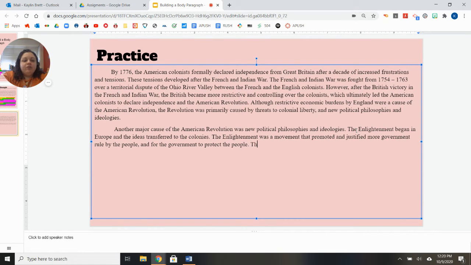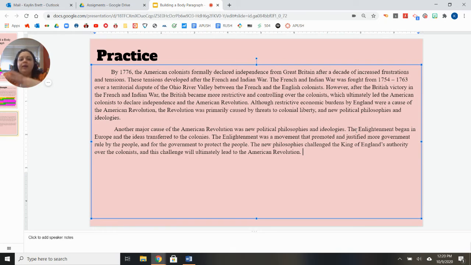So we simply can just say these new philosophies challenged the King of England's authority over the colonists, and this challenge will ultimately lead to the American Revolution.